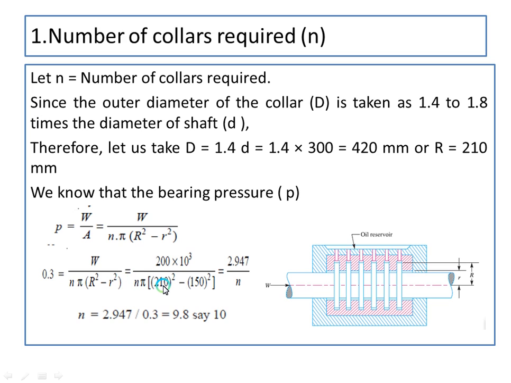If you substitute all the values, you will get 2.947 by n, and by cross multiplication you can get the n value as 9.8, or you can say it as 10 collars which have been used in this propeller shaft.